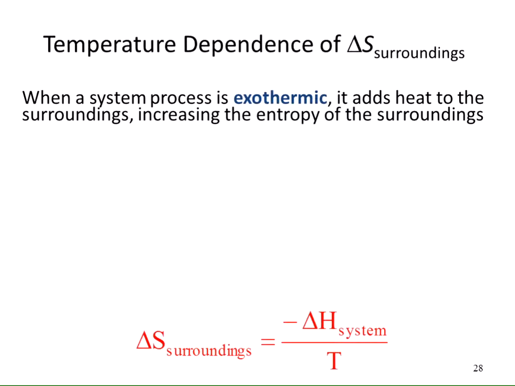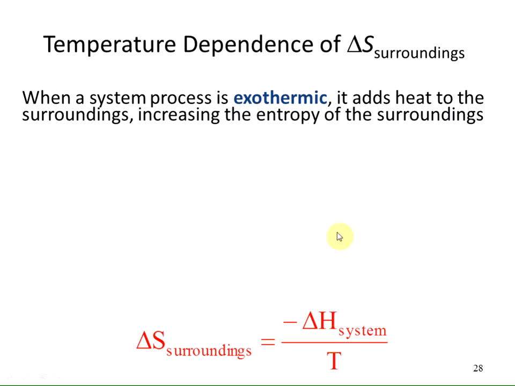Now there's a temperature dependence on the change in entropy of the surroundings. And we can relate this temperature, there's an inverse relationship. The delta S of the surroundings, so the change in entropy of the surroundings, is equal to the negative of the change in enthalpy of the system over the temperature.